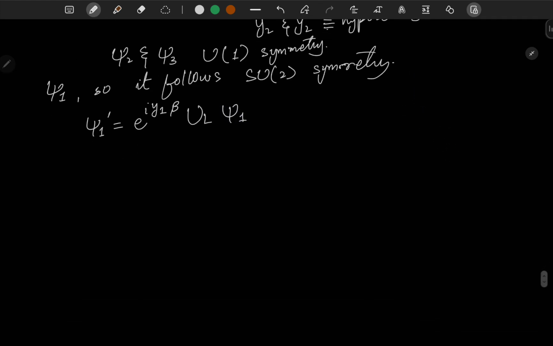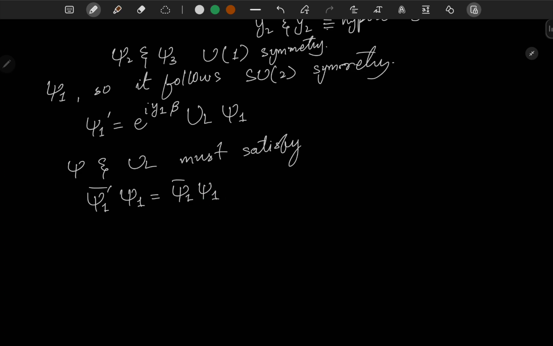Now if we want our Lagrangian to be invariant globally, U of L must satisfy that U dagger into U is equal to unity, and U into U dagger must be equal to unity.